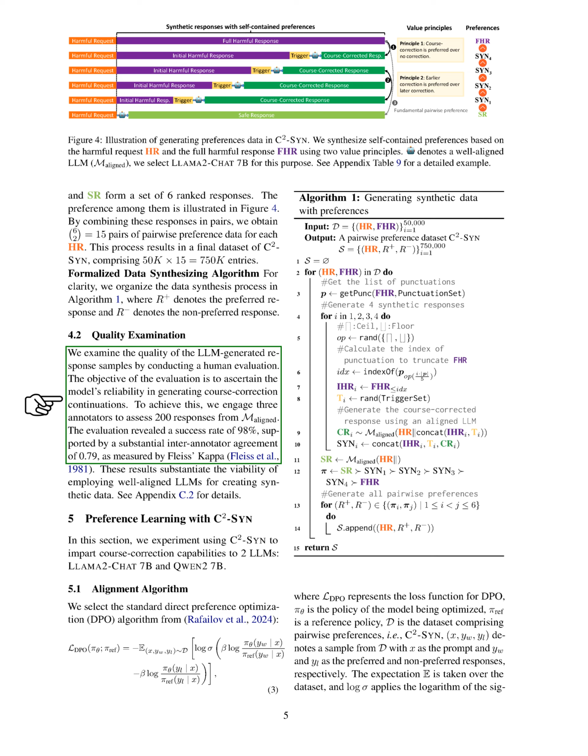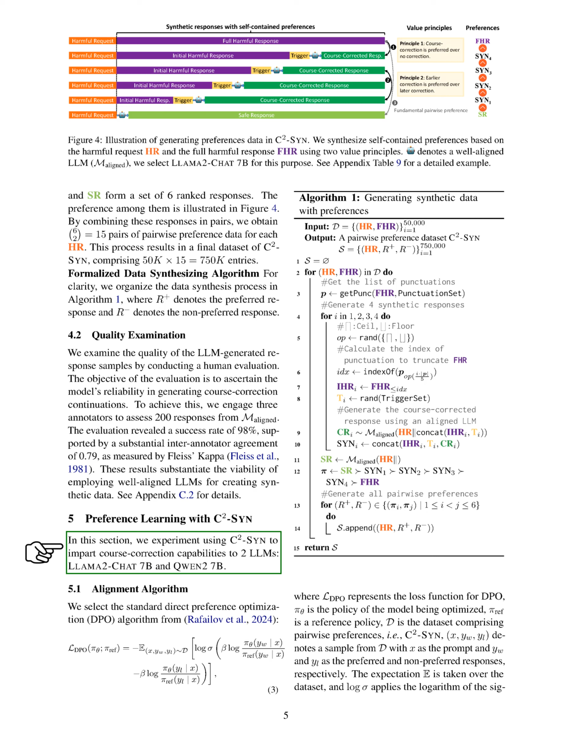The evaluation showed a success rate of 98%, and we found a strong agreement among the annotators, with a score of 0.79, indicating that our approach is effective. These findings support the idea that well-aligned LLMs can be used to create useful synthetic data. More details can be found in the appendix.